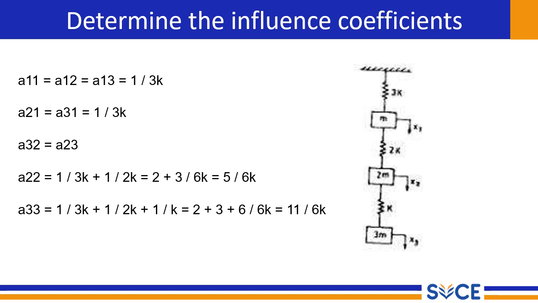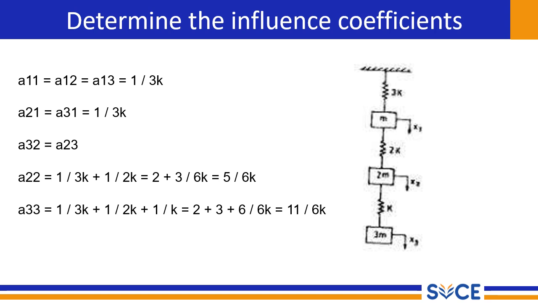Focus on the next mass. If I am applying the unit force on the second mass and arriving at the deflection, then what will happen? This is the deflection once again on the first mass. So, in the same category, if I am applying the force on the second mass and measuring the deflection, it is the same. It represents the deflection of the second mass due to unit force on the first mass, so it is going to be the same.